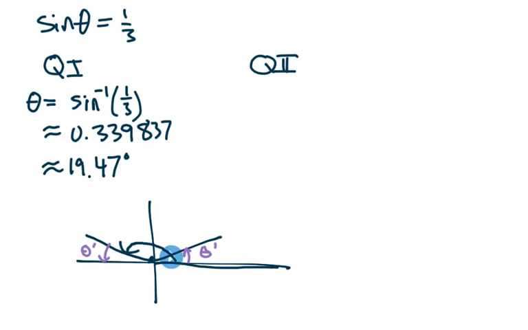Well, to get from here all the way and then here, you ended up going a full 180 degrees, pi radians. What that says is that an angle theta plus its reference angle, theta prime, adds up to pi radians. So that if you had theta and you wanted theta prime, you would solve this for theta prime.